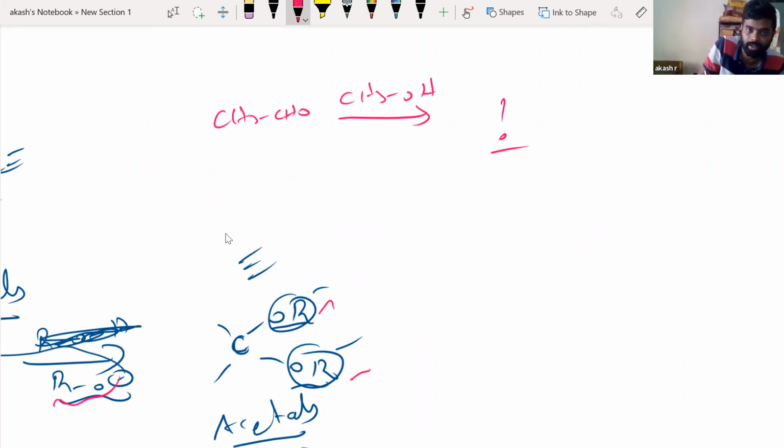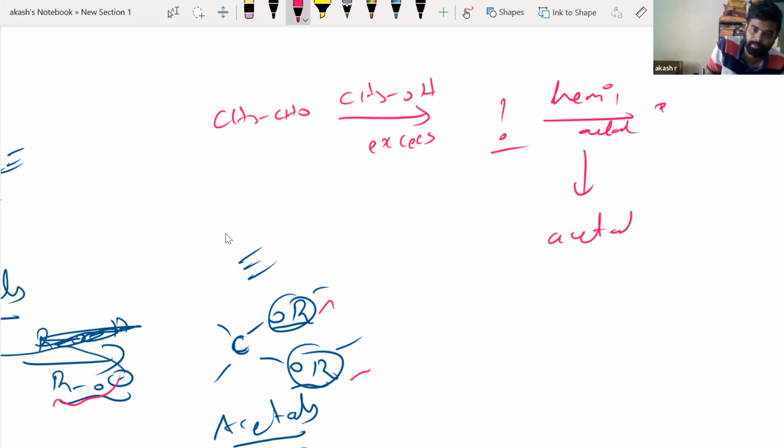This is in excess. First you show me the hemiacetal, and then you go for acetal formation. Both these things you show, and send me on WhatsApp, people, quickly.